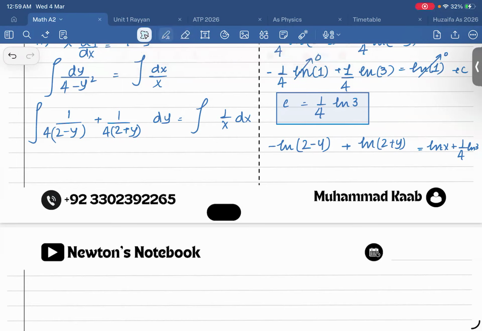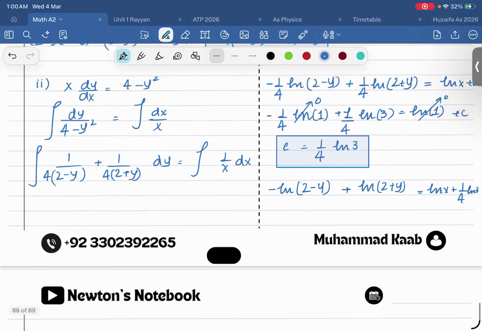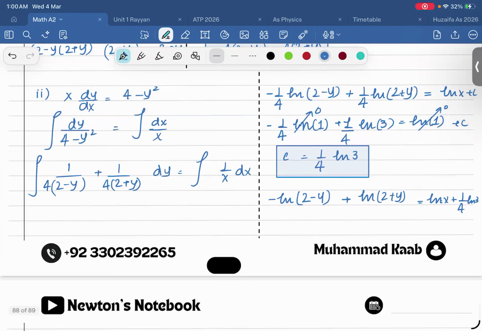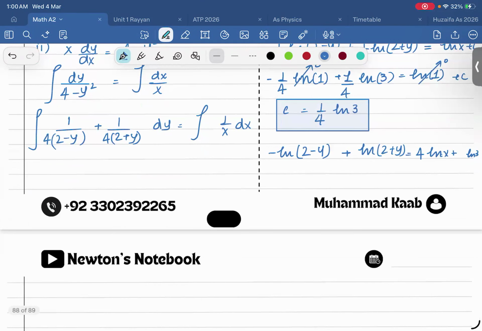Instead of that, you can shift 4 to the other side, that will be very helpful. So take 4 here, and the 4 will be removed from this side. And solve. So I would have 2 plus y divided by 2 minus y.